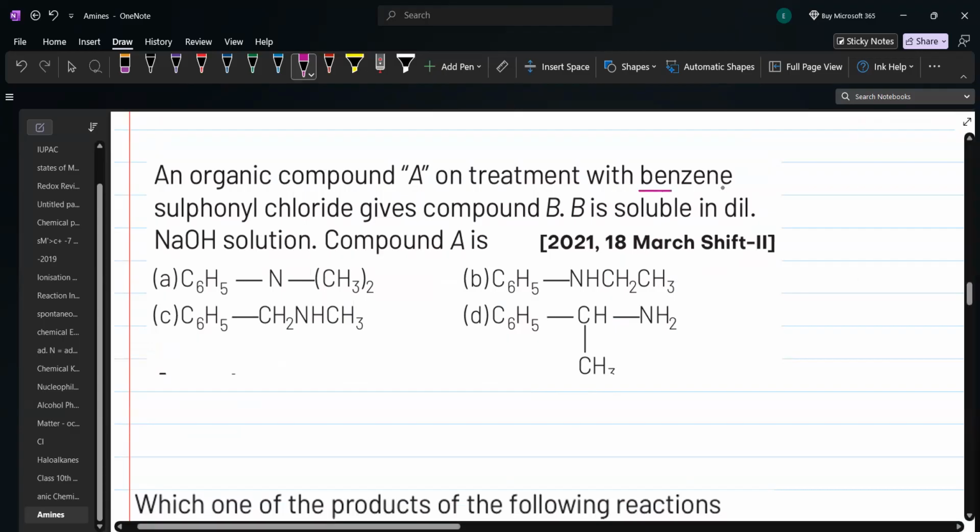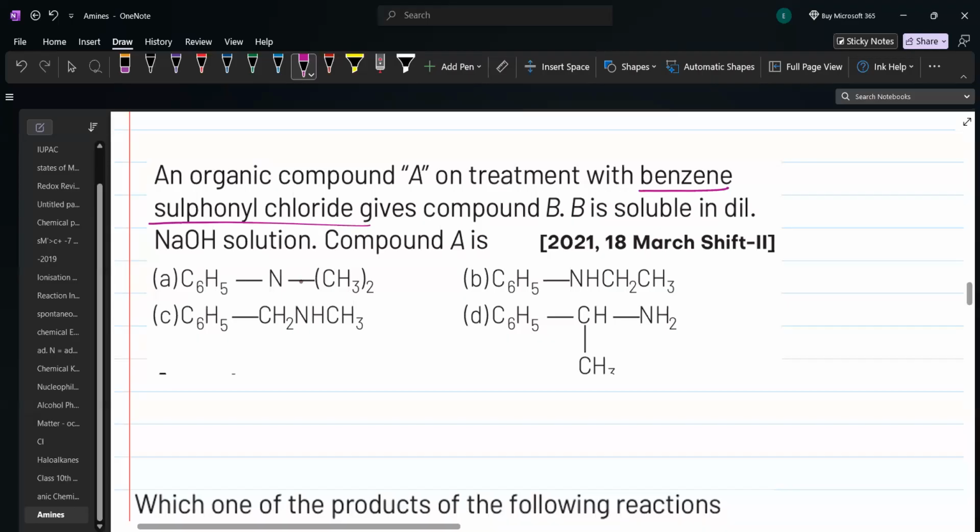See, in this question, it is given benzene sulfonyl chloride. Right? So this will also act as a Hinsberg reagent. Okay. So solve this question in the same way which we have done earlier, in the last question.